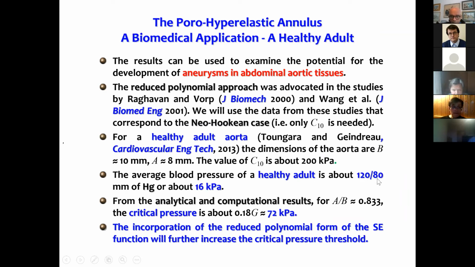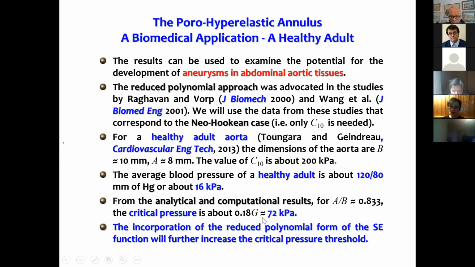The average blood pressure of a healthy adult is about 120/80 millimeters of mercury, or about 16 kPa. From the analytical results, the critical pressure is 72 kPa. So that means you're well below the limit for creating an aneurysm or instability in the system.